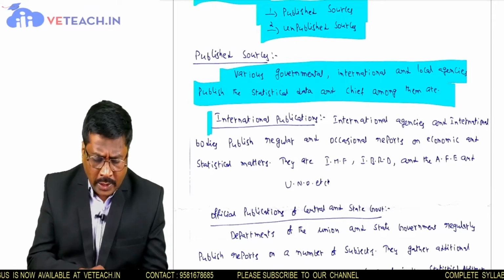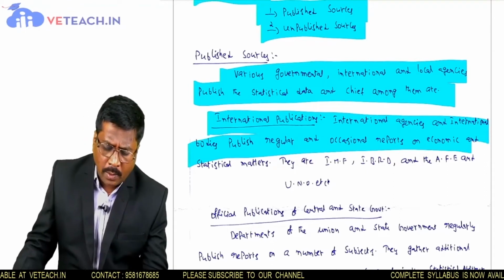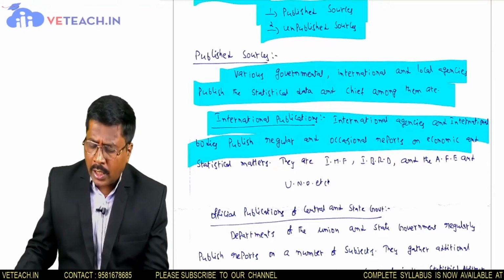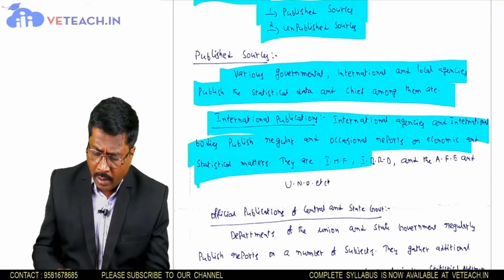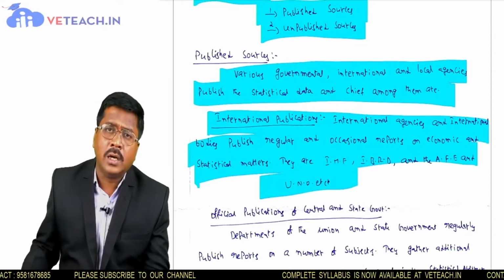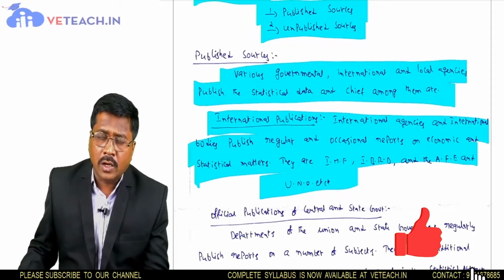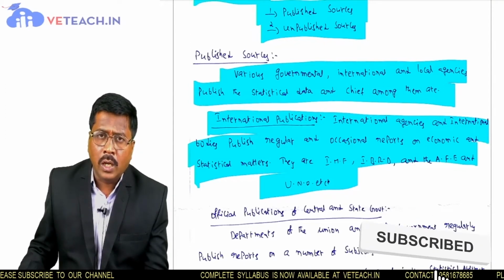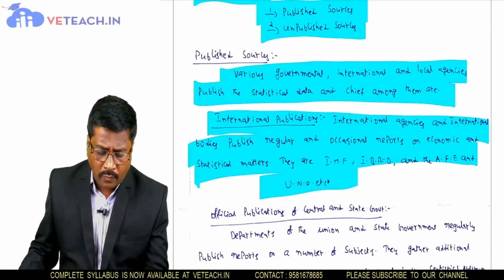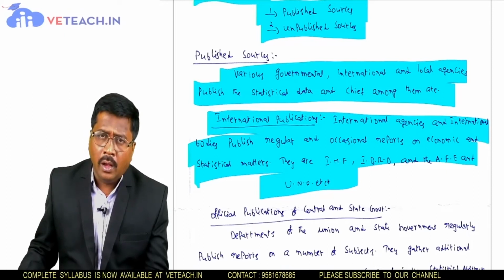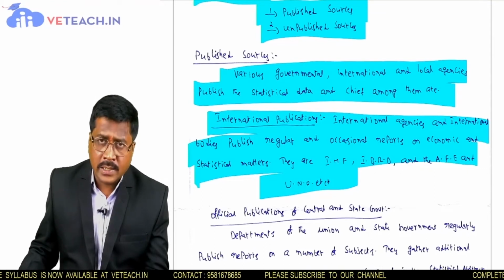International publications means international agencies and bodies publish regular and occasional reports of economic and statistical matters, like the IMF, IBRD and so on. These separate bodies regularly publish quarterly, half yearly or yearly, releasing data regarding statistical and economic matters.